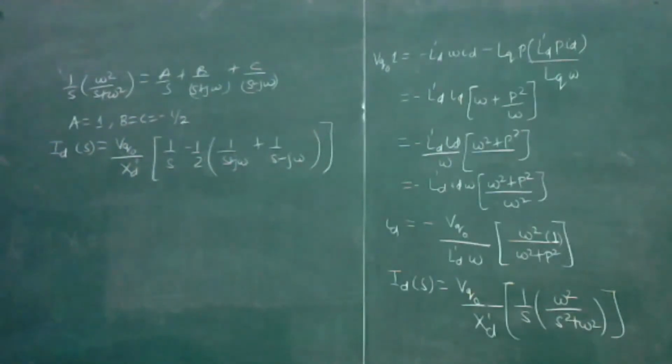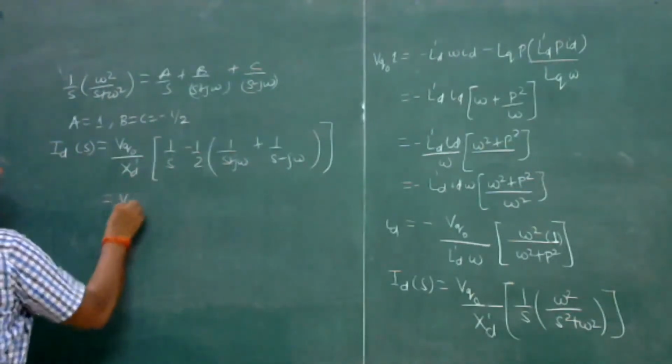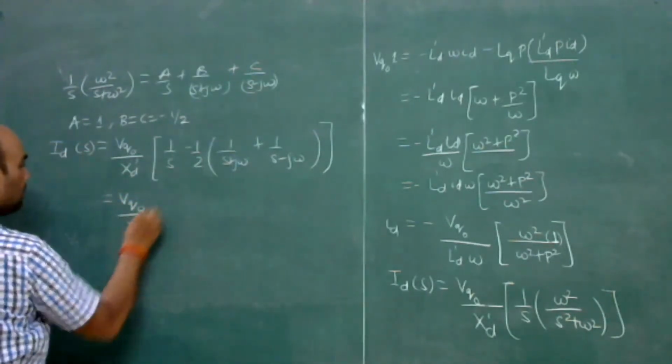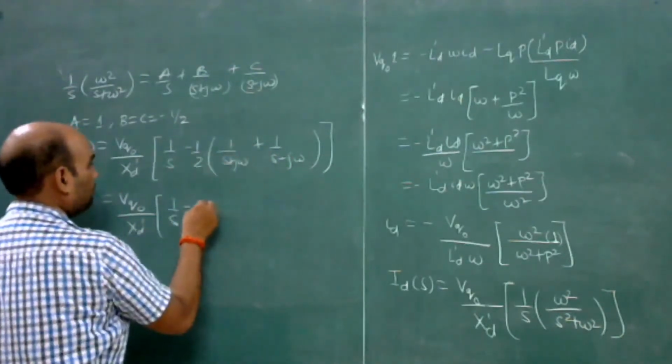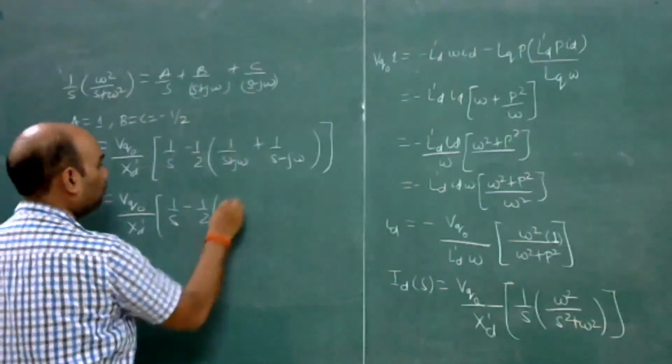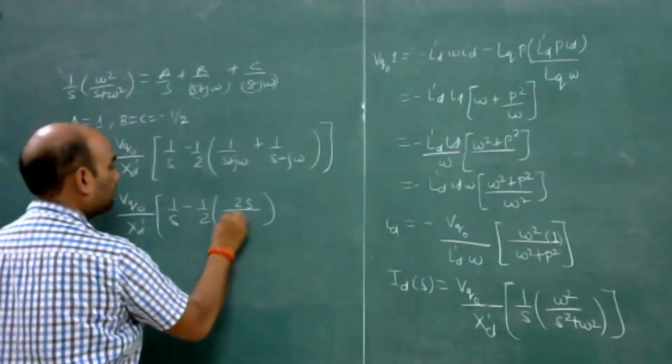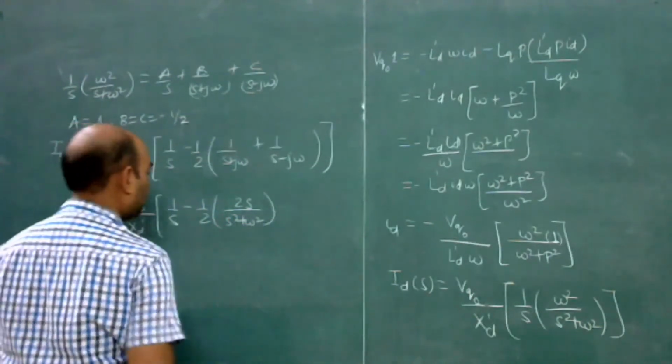This can be written as VQ upon XD dash. So this 1 upon s minus this will be 1 upon 2s divided by s square plus omega square.